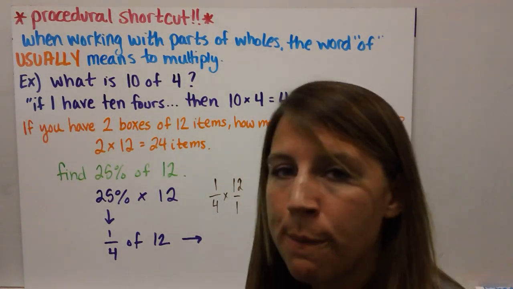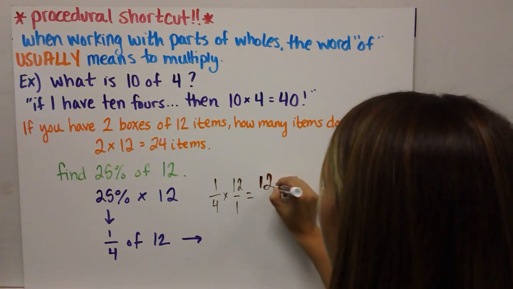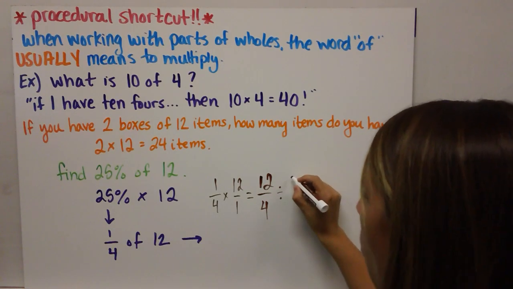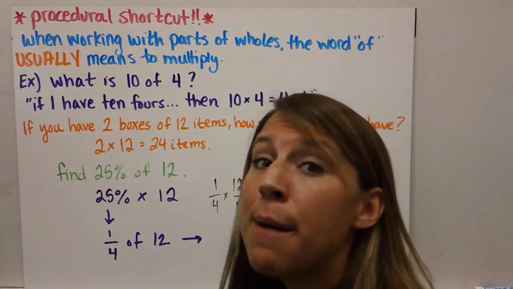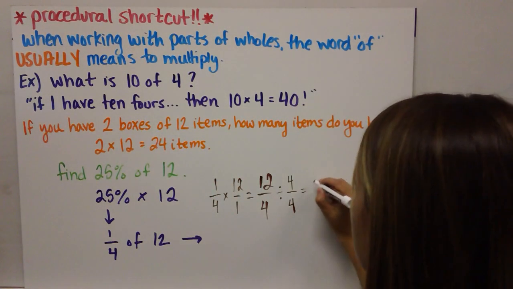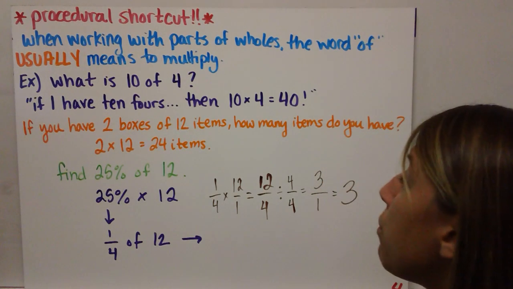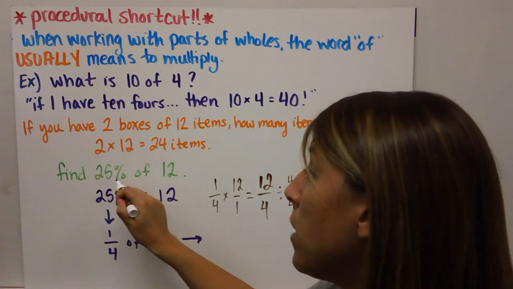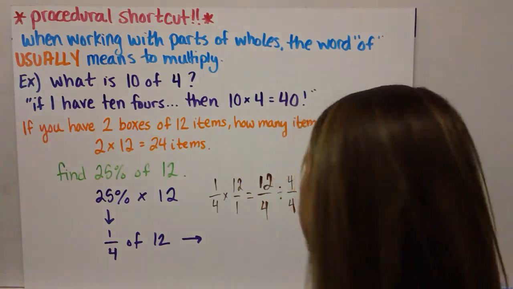And we represent whole numbers over 1, correct? That comes out to be 12/4. When I simplify that, I divide by the greatest common factor, which here is 4/4. So I'm going to get 3 over 1, which is equivalent to 3. Let's make sure I've answered my question. Find 25% of 12. Is 3 25% of 12? Yes, it is.